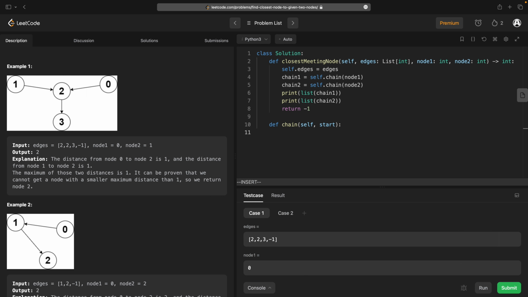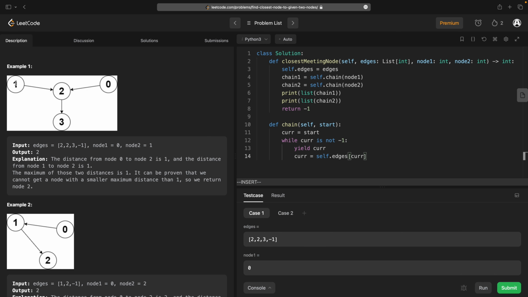With this chain, basically what we want to do is: cur is start, while cur is not -1, yield cur, then cur is self.edges[cur].